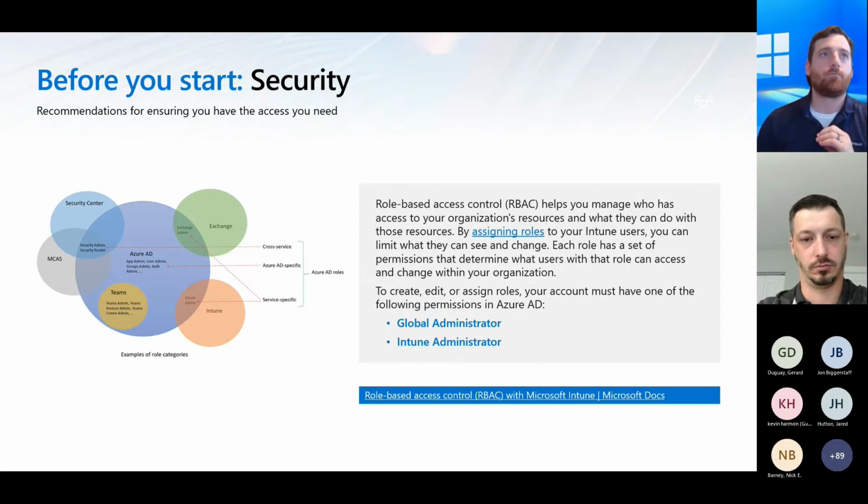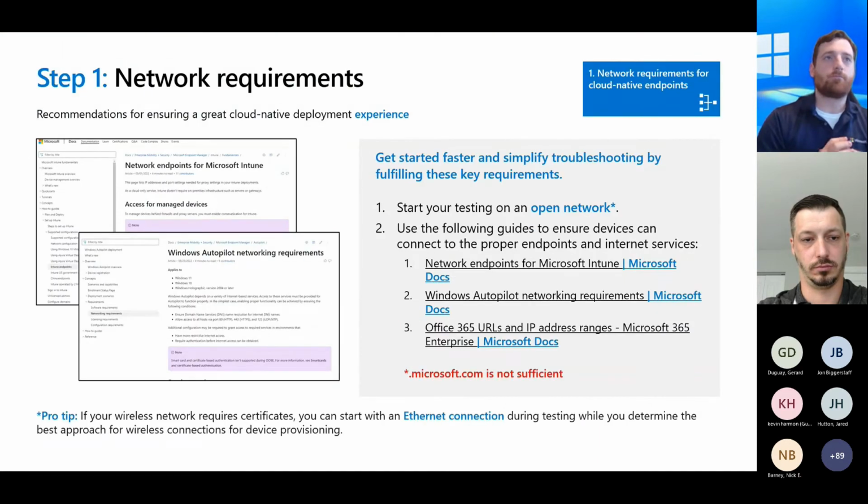Assuming you have that, the next thing that I want to call out is the network requirements. I cannot stress enough how important these documents are for getting started. First, let me say that if you're starting with a new device, I would encourage you to get either a physical device or a virtual machine, spin one up, and just install Windows on it to the point that it gets to the out-of-box experience screen, or OOBE.